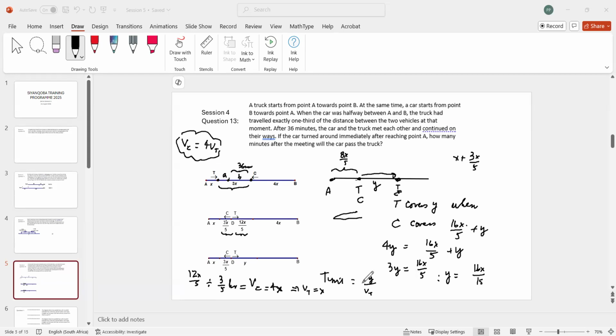So therefore, time is Y over x. And there you've got Y divided by x is 16 over 15. I'm sorry, it's all squeezed in here. 16 over 15 hours. And 1 hour is 60 minutes. 15 goes exactly into 60, 4 times. So this is 64 minutes.